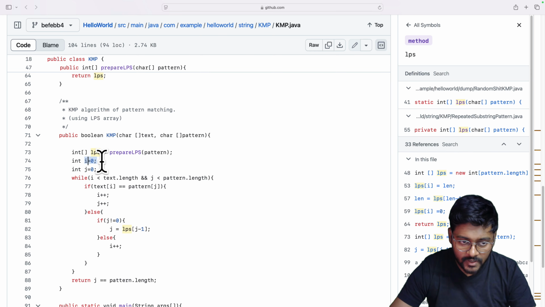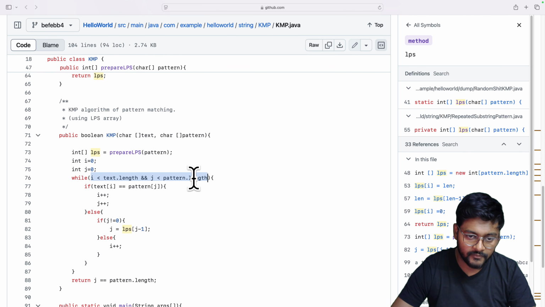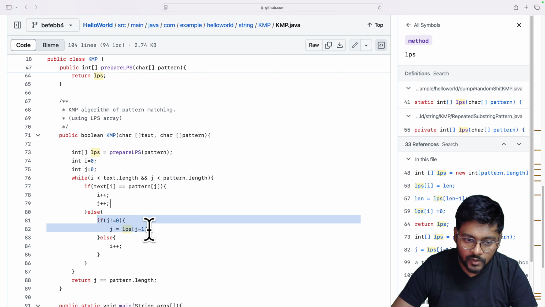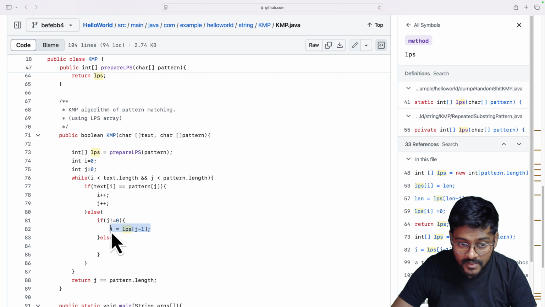The i pointer is for text, which is always going to increment, and the j pointer is for pattern. Whenever the condition fails, we just come out of the while loop. If they are the same, keep incrementing both the values. If they are not matching, update the value of j. Here j is coming to LPS[j-1].